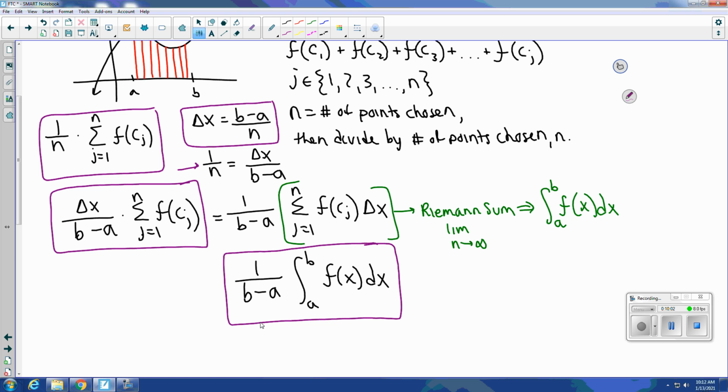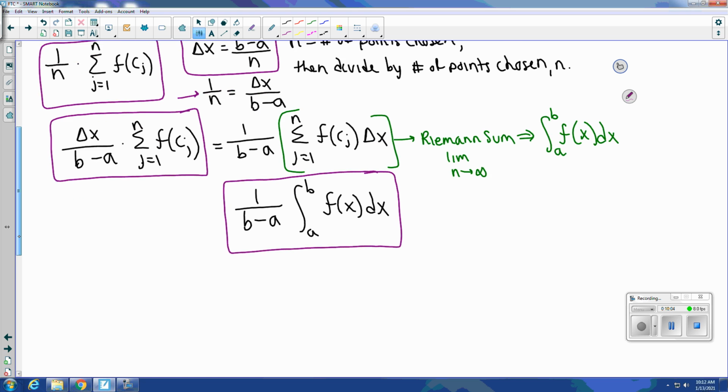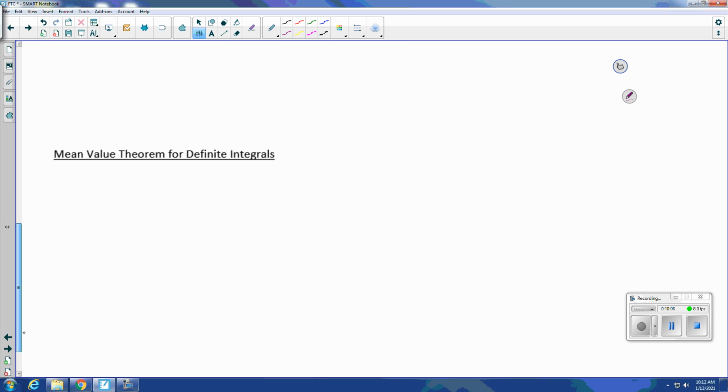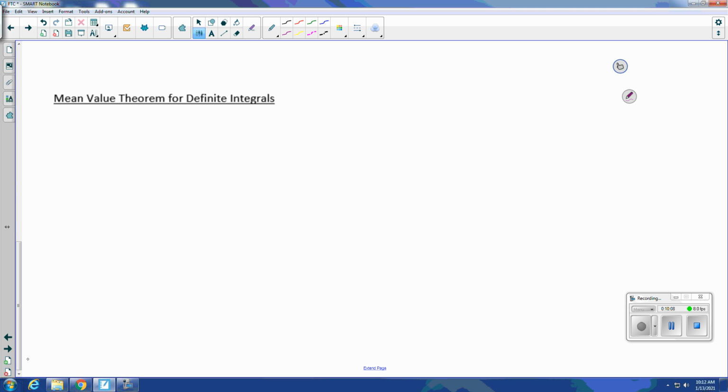Now, what we can build off of that is the mean value theorem for definite integrals.